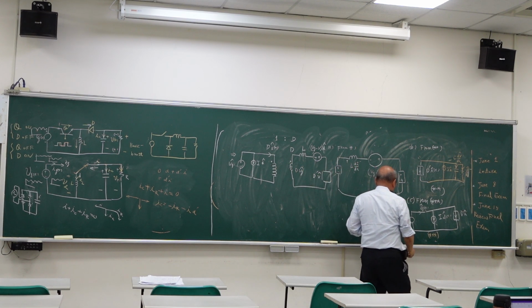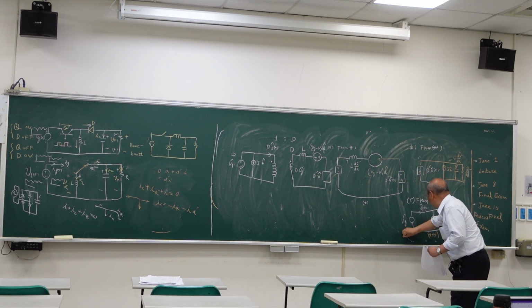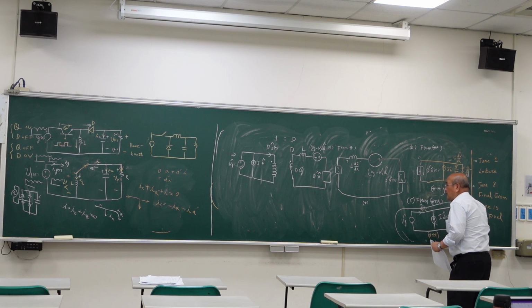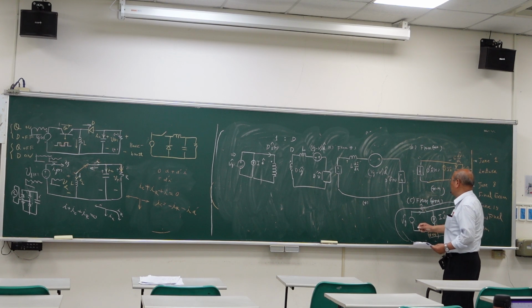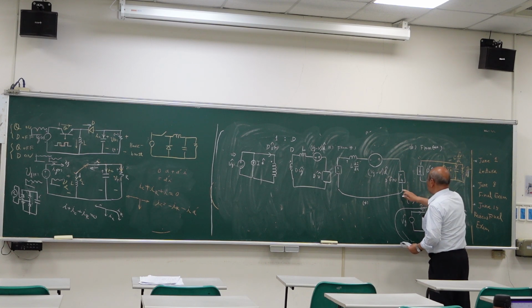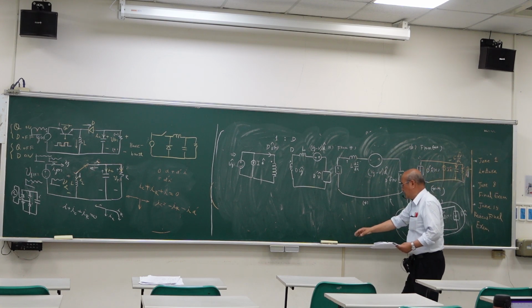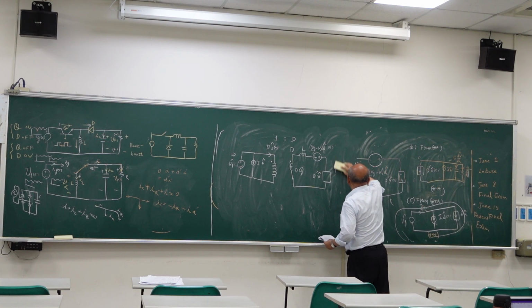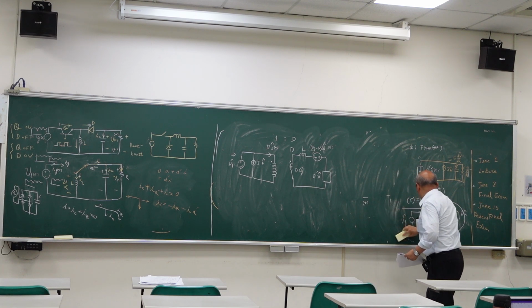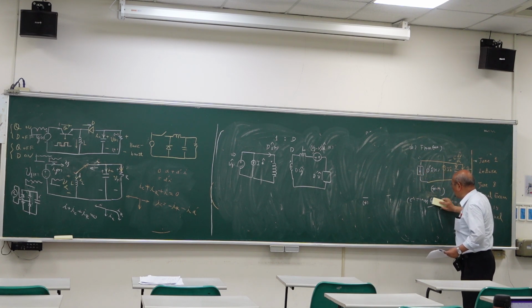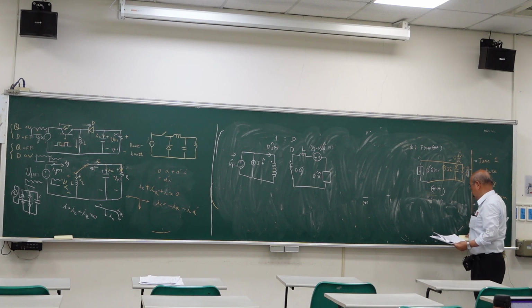So now, what do I combine? I combine this one and the second one, this one. So now I combine two, so we can remove this one. We can remove this one because we already combined two here.